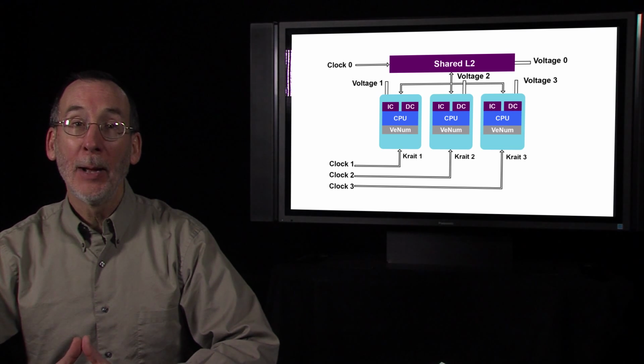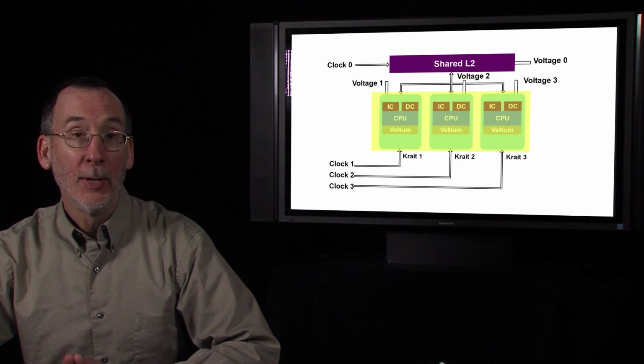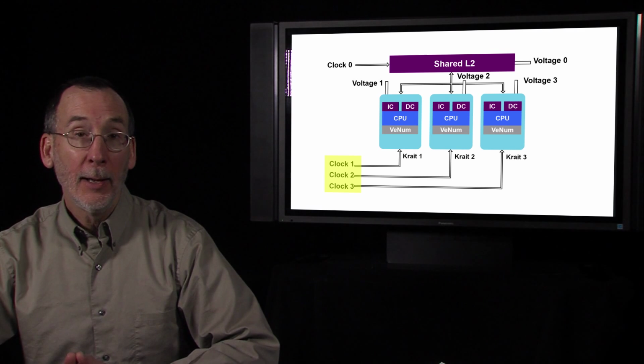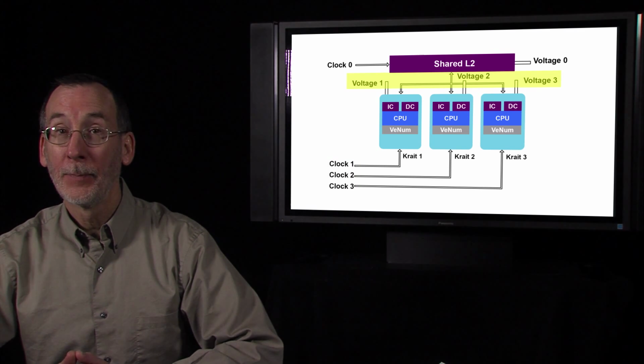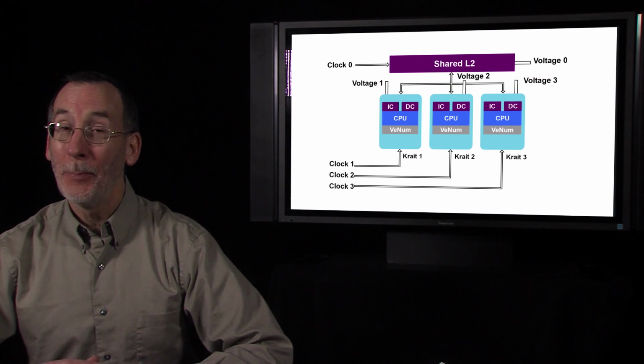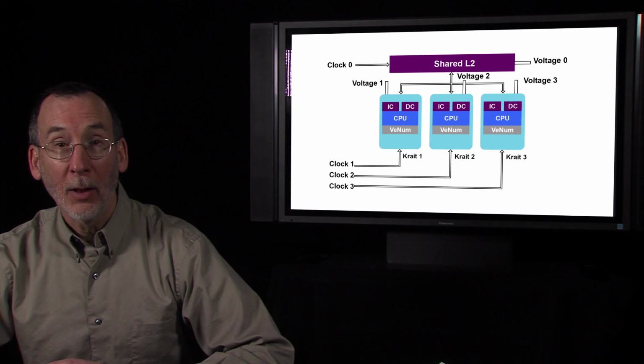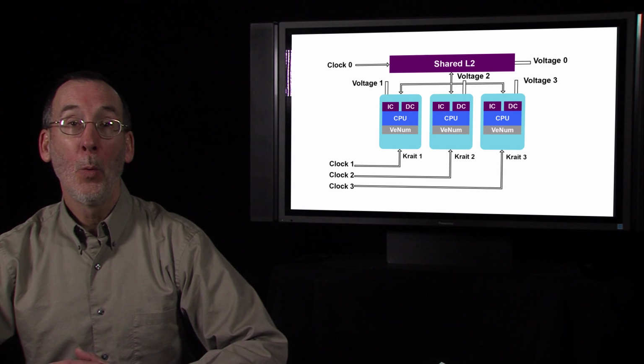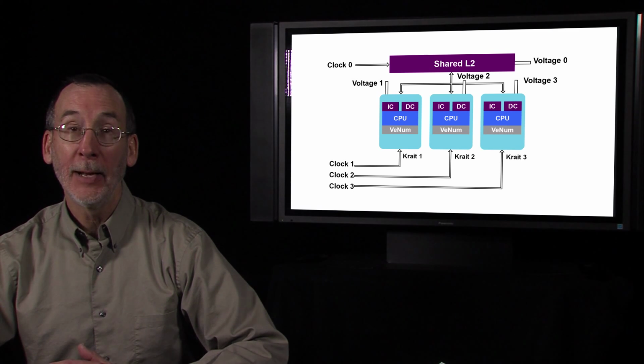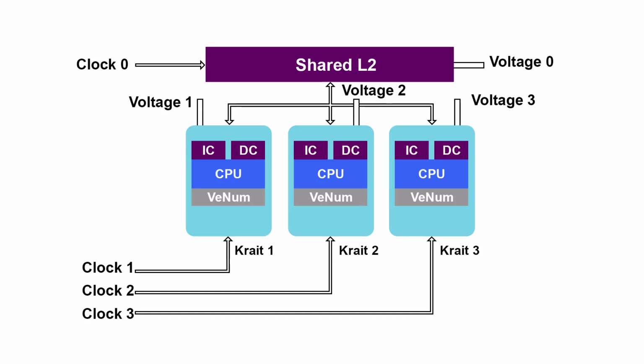So here's a diagram of 3 Krait CPUs that each have their own clock and their own voltage. Now we talked with some of our guests about this means for saving power consumption, where we can change the clock and we can change the voltage when the task that we're running doesn't demand that we have the highest frequency. So we can set the frequency of each of these CPUs to the speed that's needed to carry out their given task.